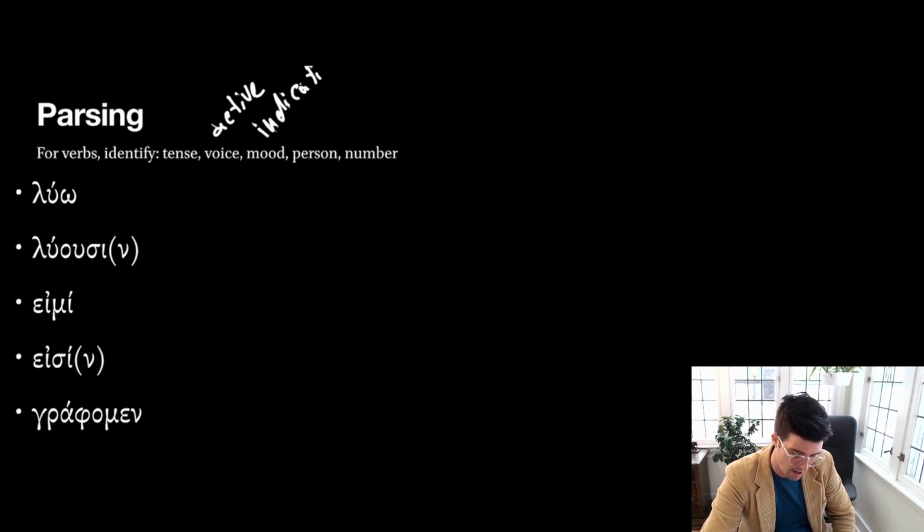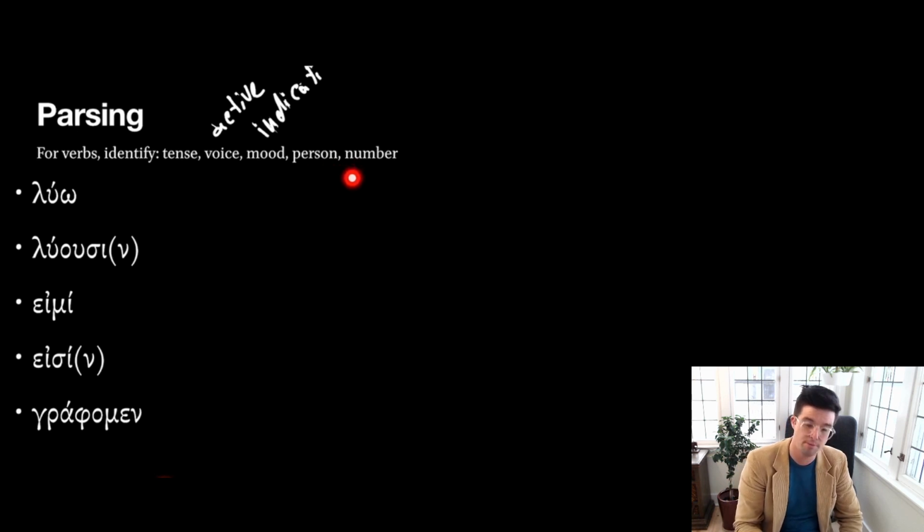So our differences are going to be in the person, in the number, and in the tense. And then remember, there are some peculiarities about the to be verb with respect to voice as well. So go ahead and take a few minutes pausing the lecture and giving the parsing information for these, and we'll come back in and check on them.